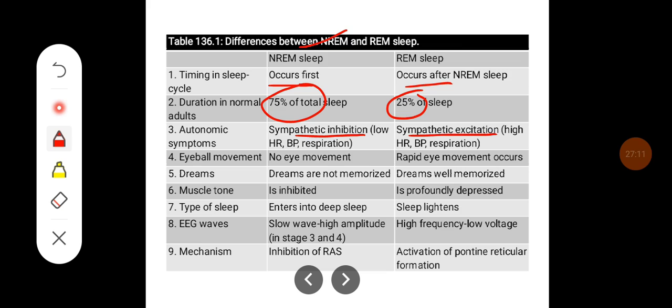The opposite happens in REM sleep. In NREM sleep, there is no eye movement. You can see rapid eye movement in REM sleep. Dreams are not memorized in NREM, whereas dreams are very well memorized in REM. The muscle tone is inhibited in NREM sleep, whereas it is profoundly depressed in REM sleep.